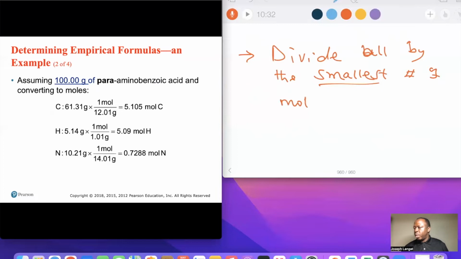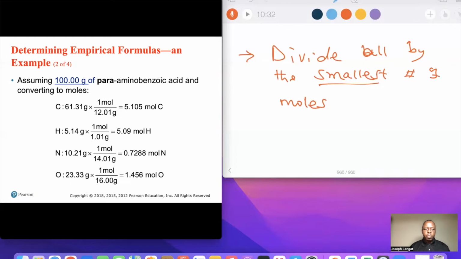So you have to look at which one. Doesn't really matter where you are starting. Let's say nitrogen was number one at the top, or in the middle. We'll just have to eyeball and see which one is the smallest. This is the smallest, so that means we'll divide across by 0.7288.